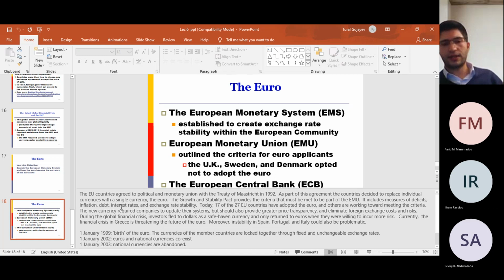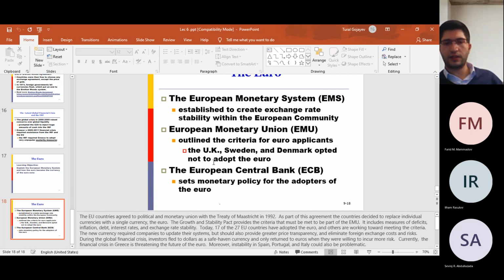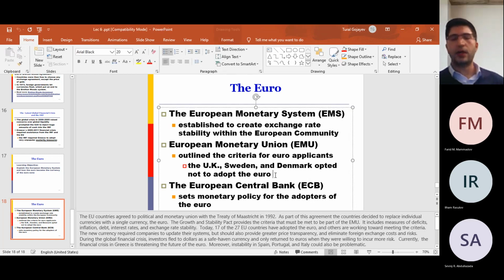In 2003, national currencies were abandoned in the member countries of this European Economic and Monetary Union. You can see on this slide, Sweden and Denmark opted not to adopt the euro, but in the future it is planned. So they are planning to adopt the euro, along with some other European countries.